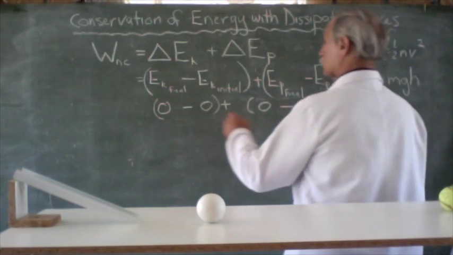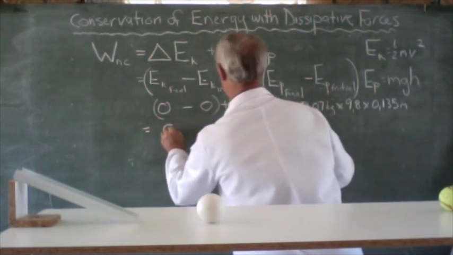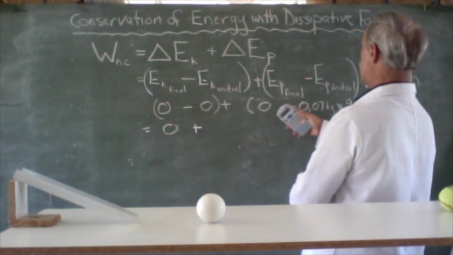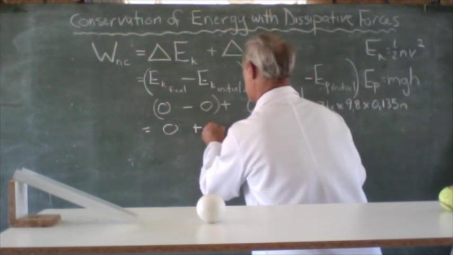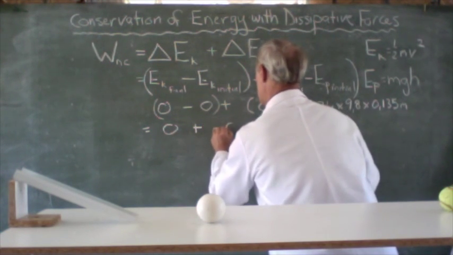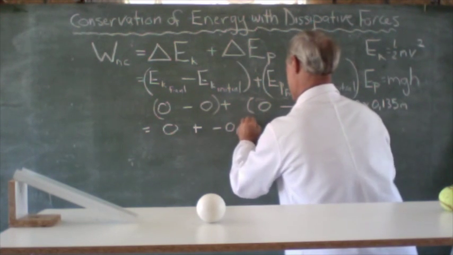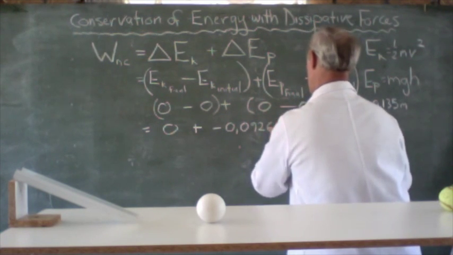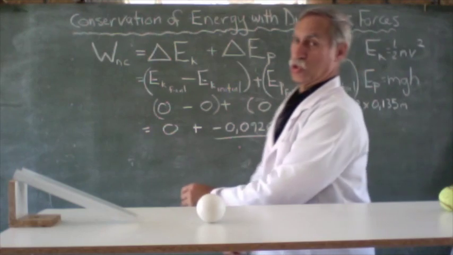So this all adds up to 0 plus 0 minus our answer, so it becomes not plus but minus 0.0926, and our answer is measured in joules.